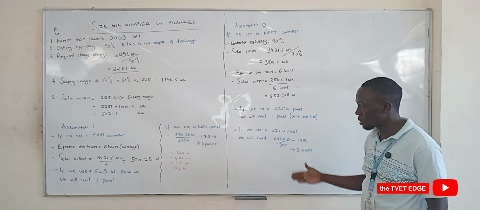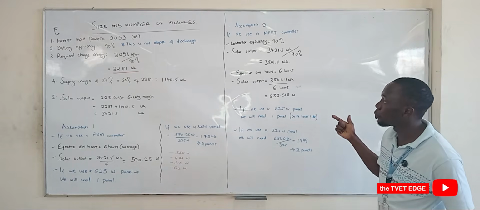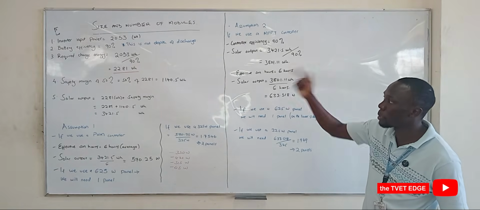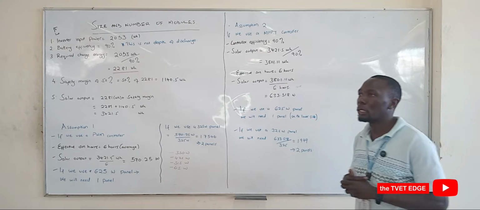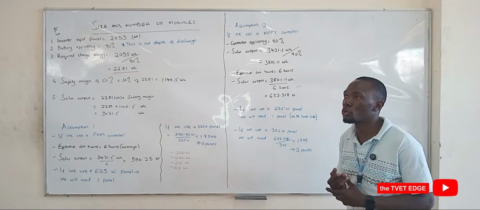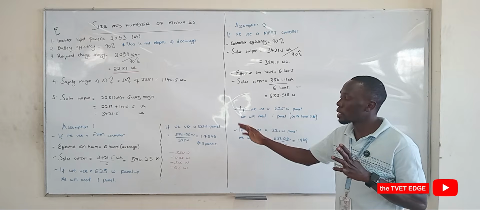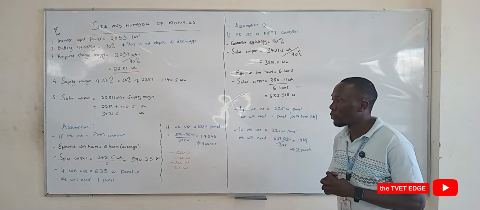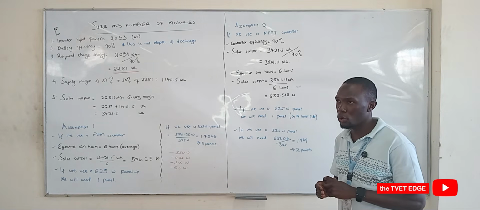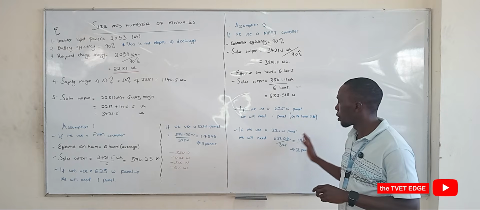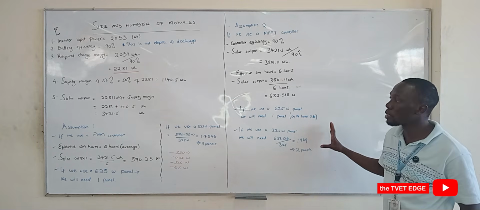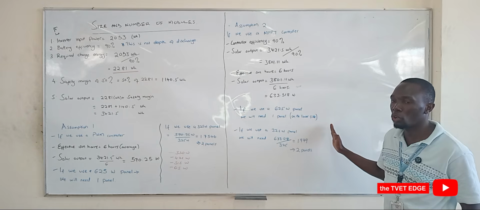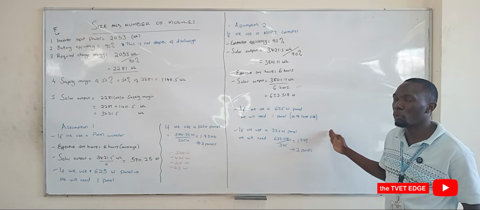So now after this, the next session, I want to talk about how to size the PWM. Let me make it easy for some of the students, because in such a case, the level 4 student doing a standalone solar system, to this point, I think this is the highest point you will go in terms of component sizes.